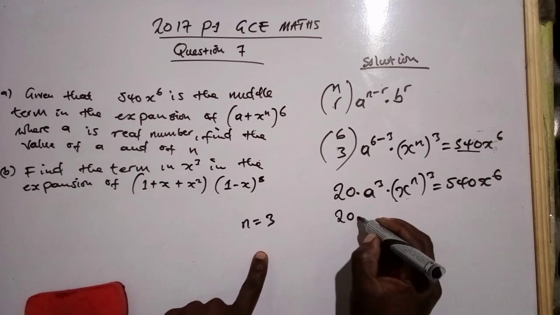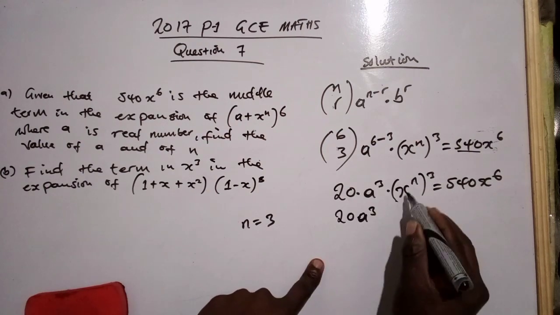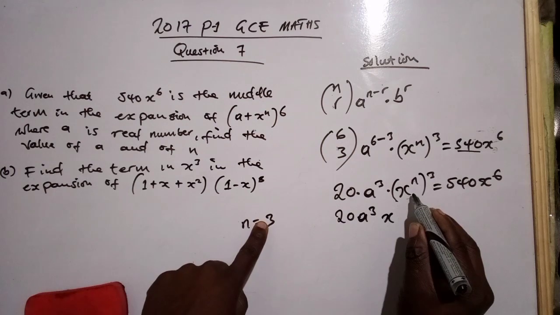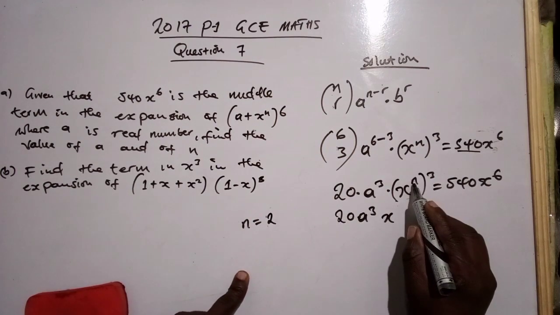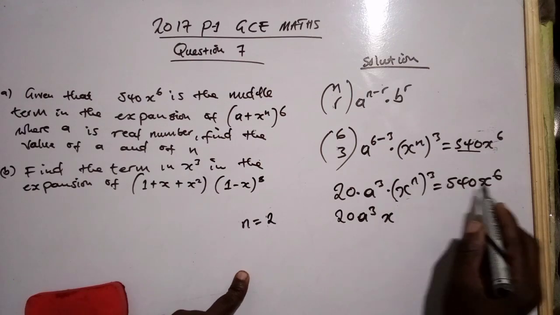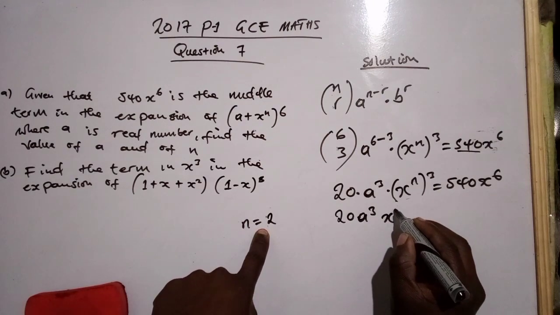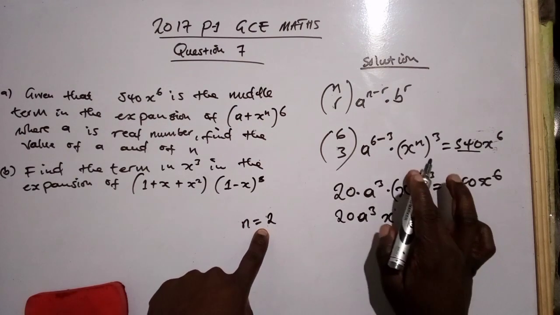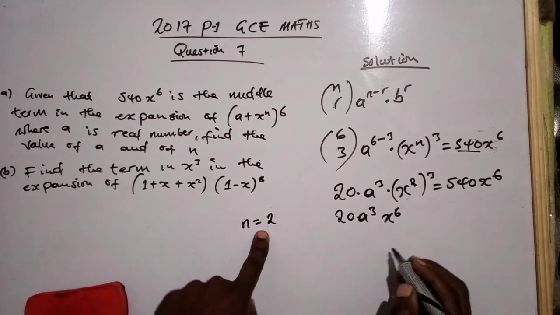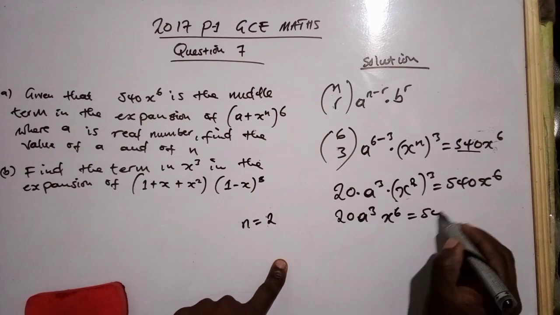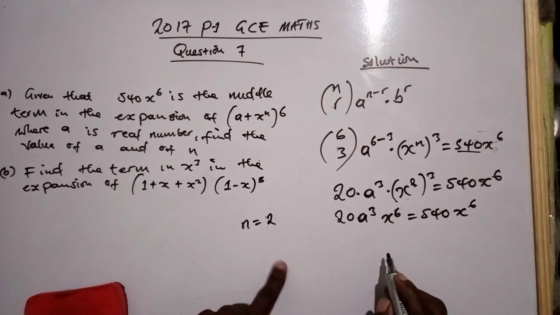So we have 20 multiplied by a cubed, then x to the power 2, because it was 3n equals 6, and 6 divided by 3 is 2. If you substitute 2 here, 2 times 3, we are going to have 6, which should equal 540 x to the power 6.